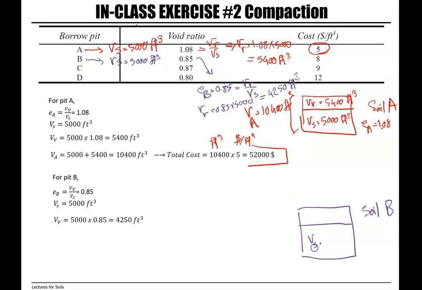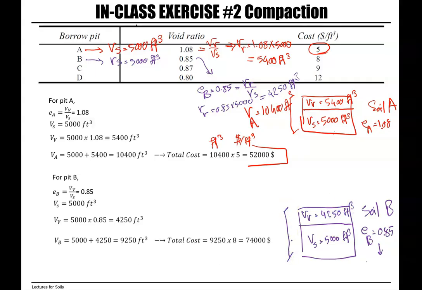So now for soil B, again, volume of solids is 5,000 cubic feet. Void ratio is 0.85. From here, we can calculate that volume of void is 4,250 cubic feet, which means that the total volume is 5,000 plus 4,250, which is 9,250 cubic feet.